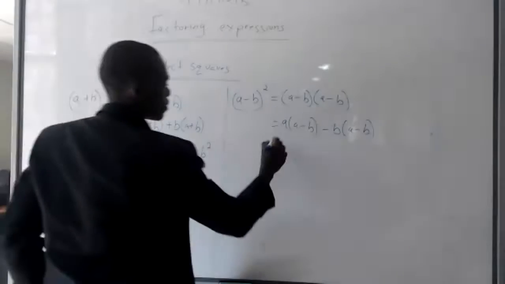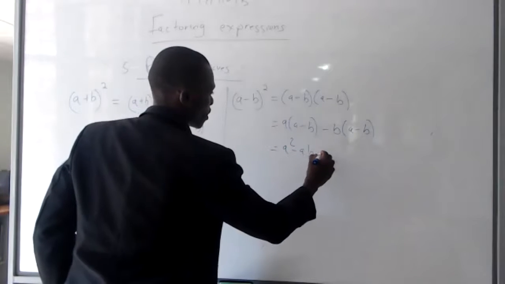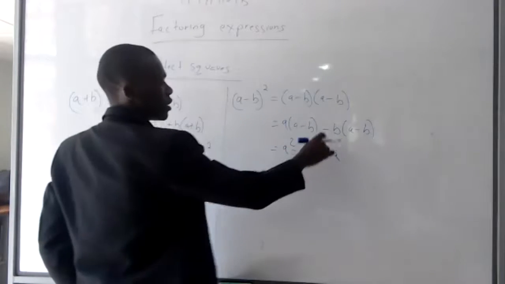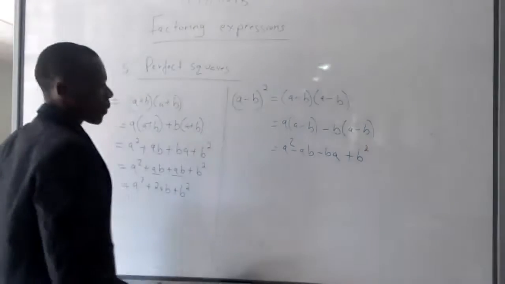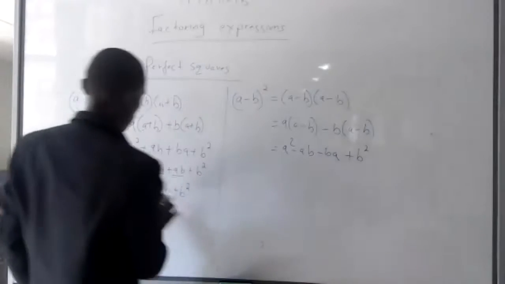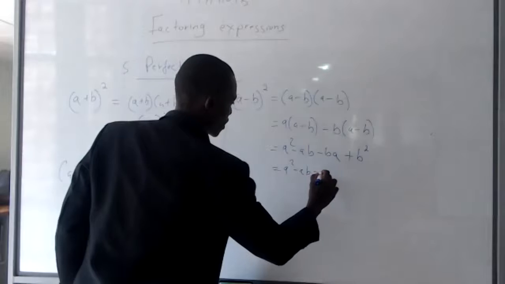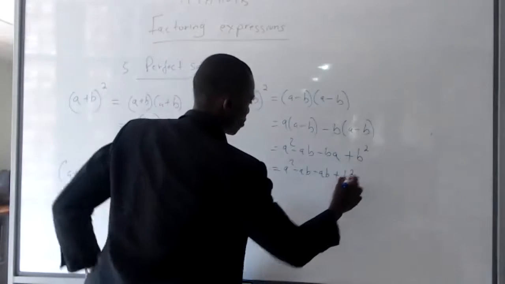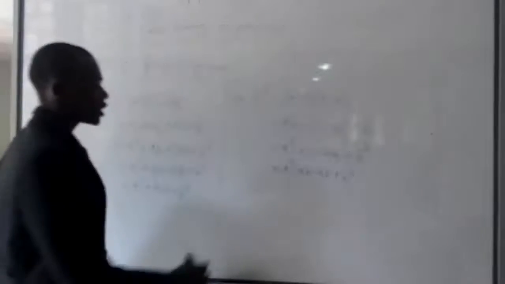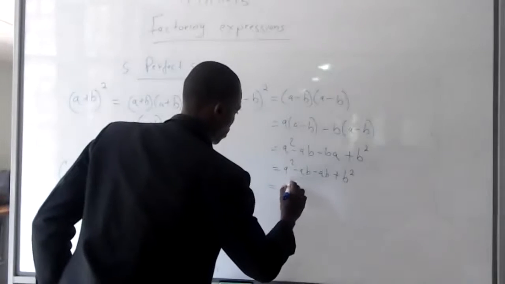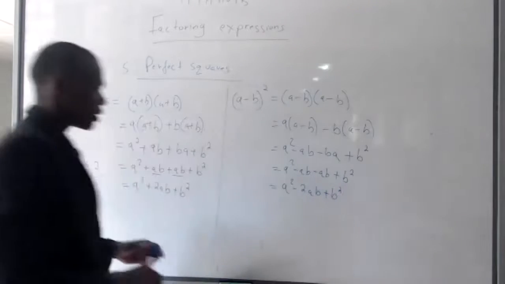So a times a is a squared, then minus ab, then minus ba, and then negative times negative is positive, so we have plus b squared. Of course, for the same reasons, we will have a squared minus ab minus ab plus b squared. I'm doing this because multiplication for real numbers is commutative. And so this is a squared minus 2ab plus b squared.